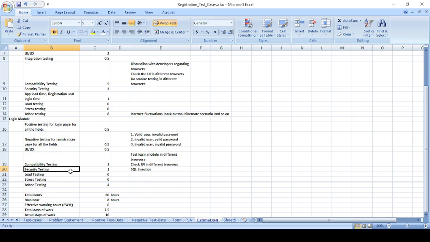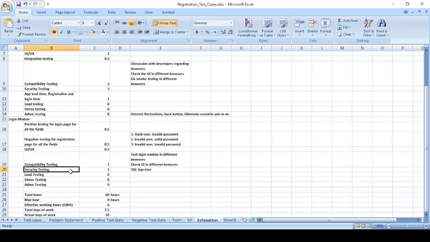In our case, it is registration and login module, and then divide the different modules into different types of testing, which we have done here, like positive, negative, UI, UX, compatibility, security, load testing, stress testing, ad hoc, and so on. So what we are trying to do is take the system and keep dividing it into the finest, minutest possible units, and then give the estimation of those smaller tasks. In this way, it is very easy to review the test cases and estimation file.